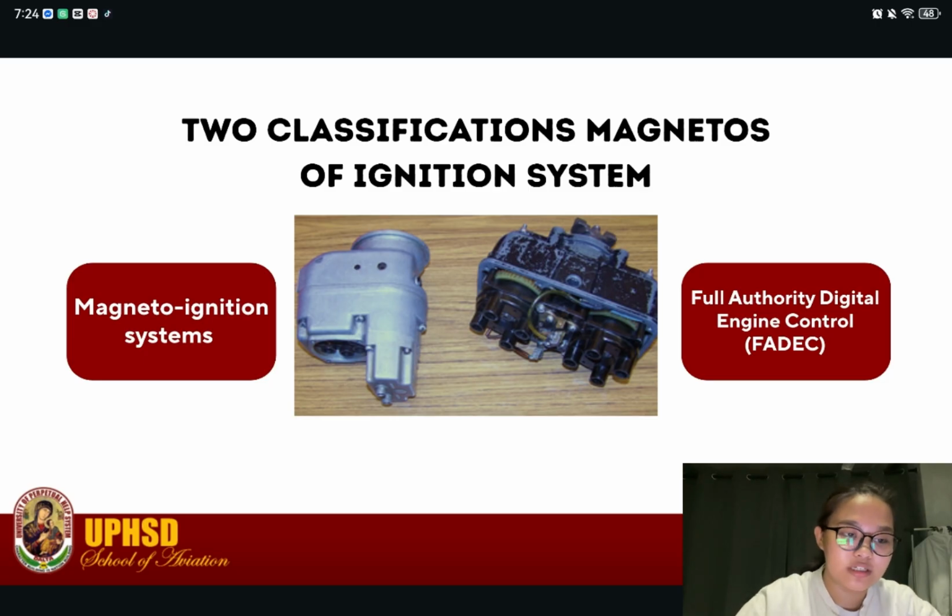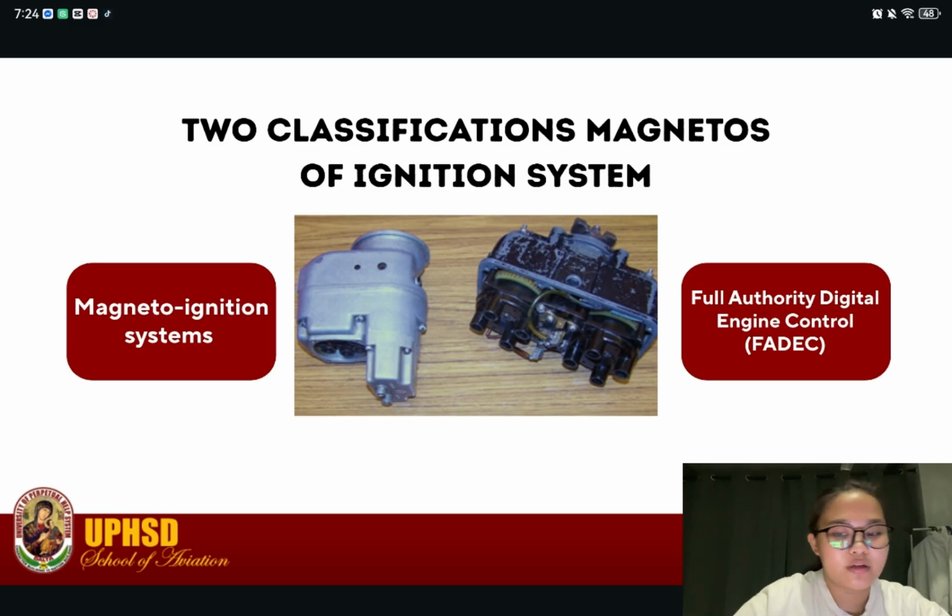The FADEC is a computer controlled system. It manages fuel and ignition automatically, adjusts timing, and optimizes engine performance. It needs electrical power to operate and removes the need for manual mixture and throttle adjustments.